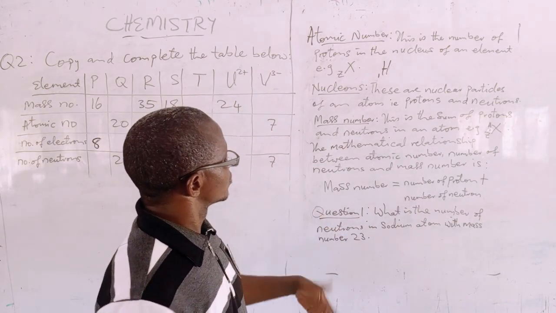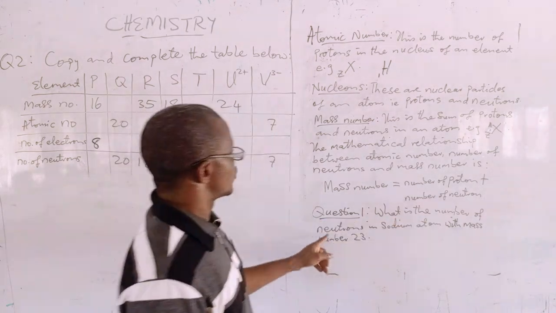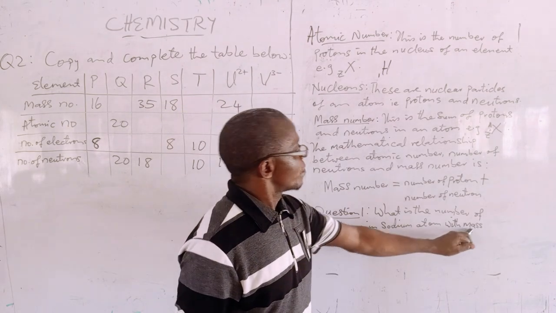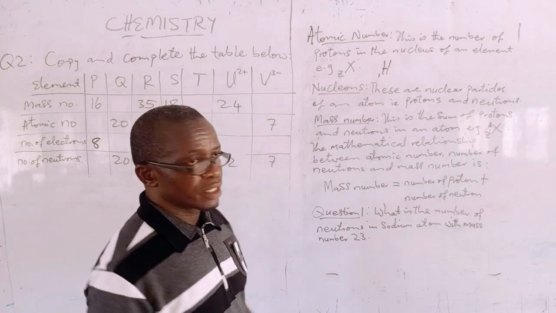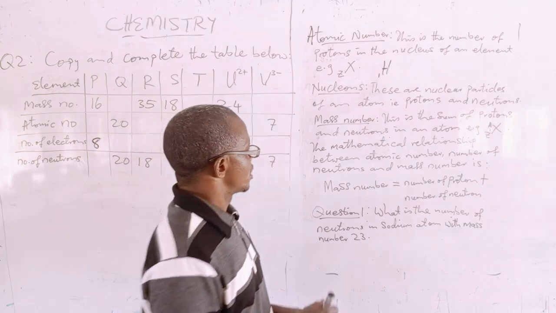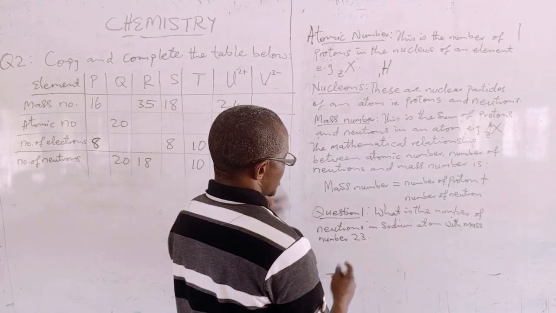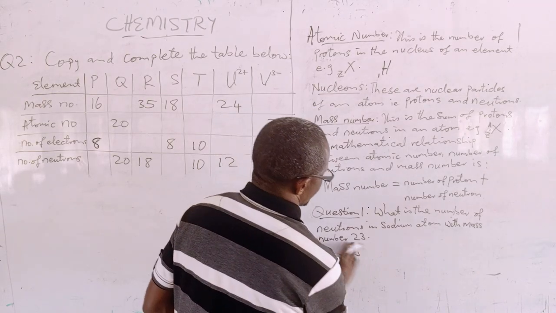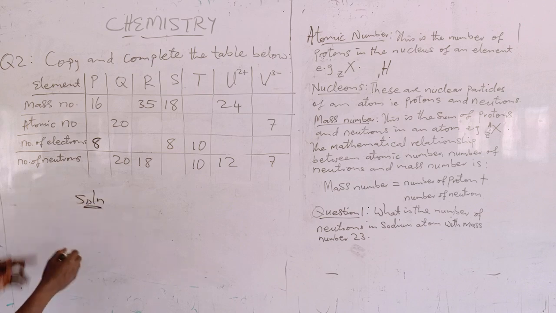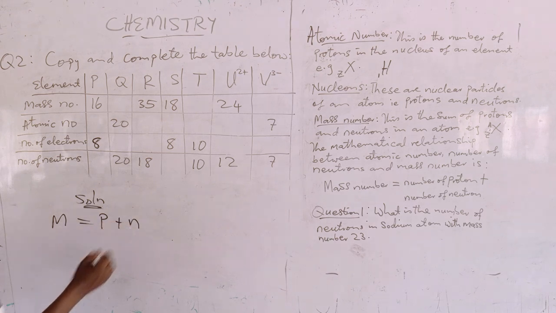Mathematically, we can solve problems. Question 1 says, what is the number of neutrons in a sodium atom with mass number 23? If you have any two of the particles, you can solve for the other one. Solution: mass is equal to proton plus neutron.